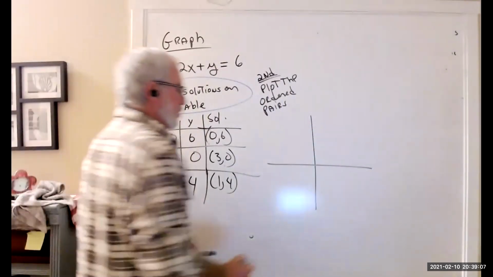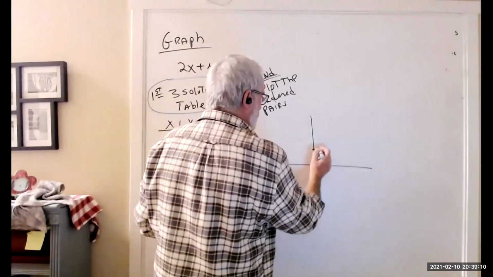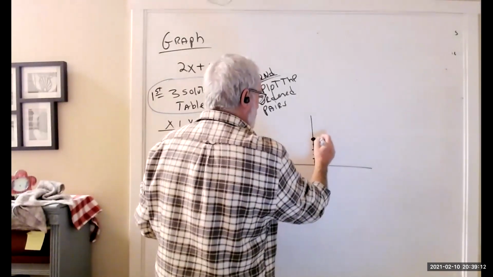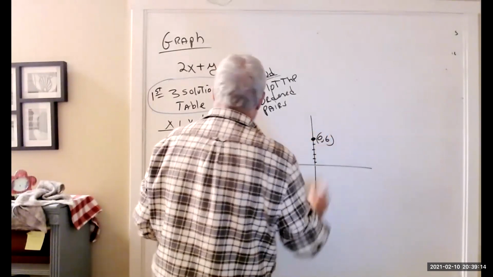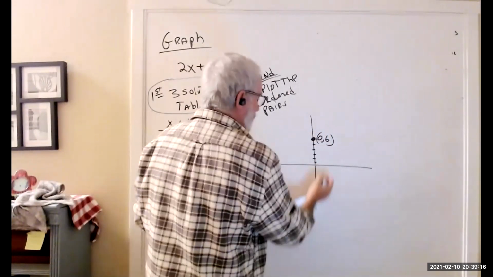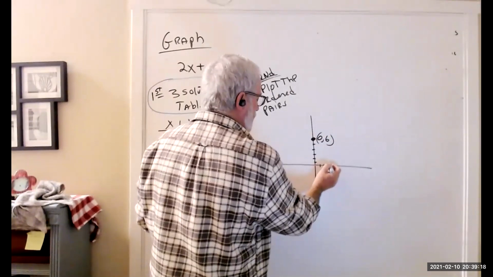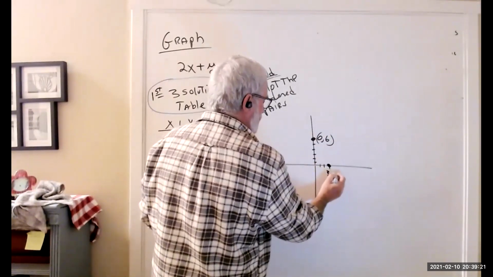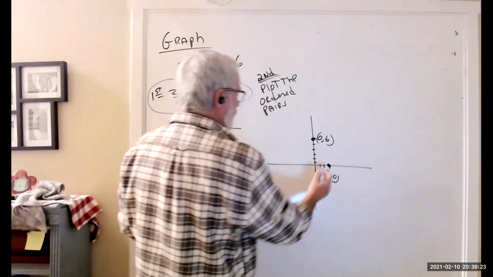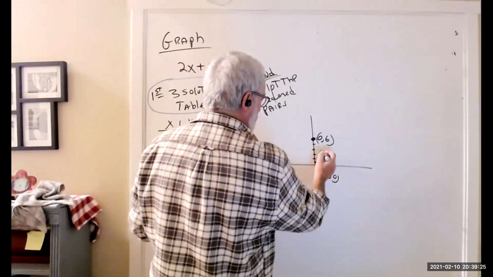So you plot 0, 6. 1, 2, 3, 4, 5, 6. 0, 6. 3, 0. 1, 2, 3. 3, 0. 1, 4. Kind of like that.